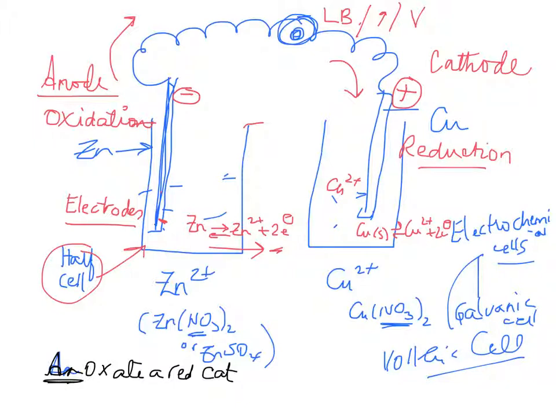An anode is where oxidation is, reduction is at the cathode. If you can remember that mnemonic, you should be set. Okay, so again, key things to remember: an anode is the negative electrode, which is where the oxidation takes place. Cathode is the positive electrode, which is where the reduction is going to occur.